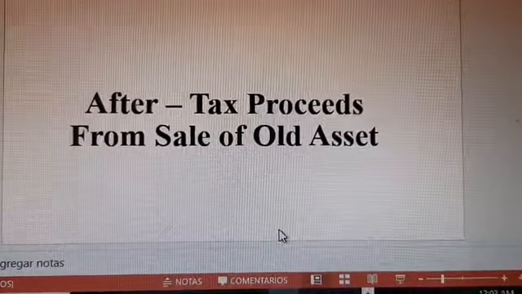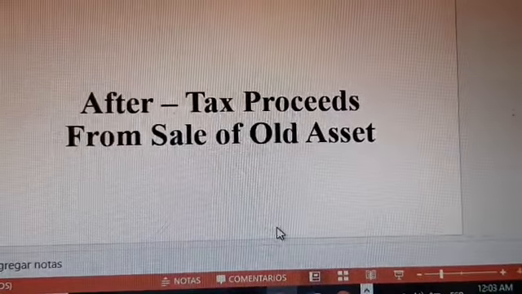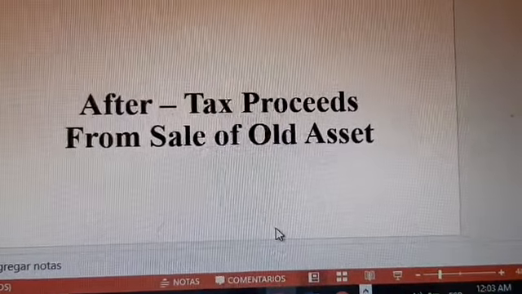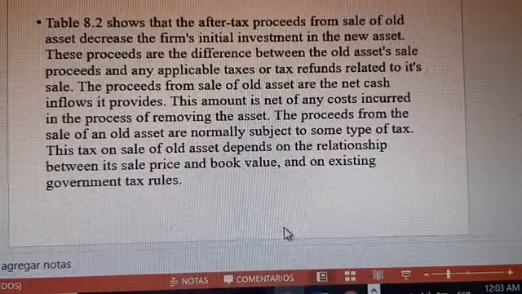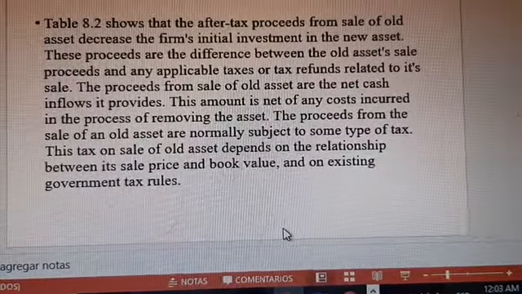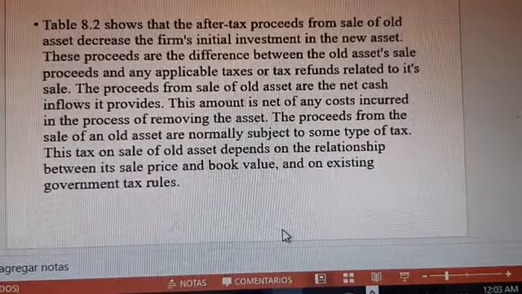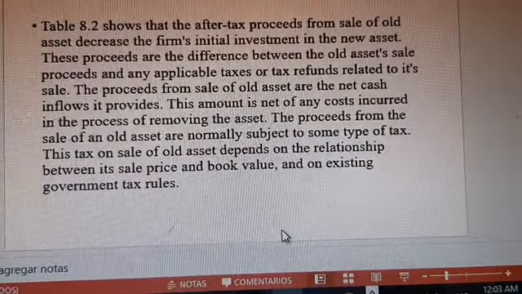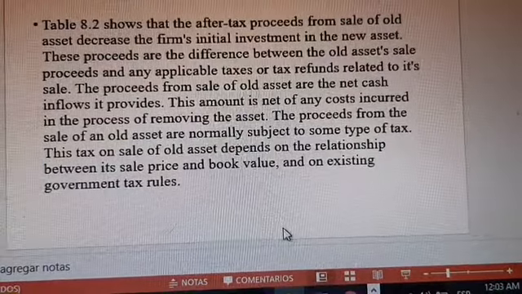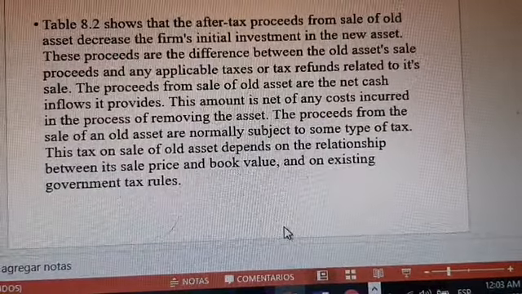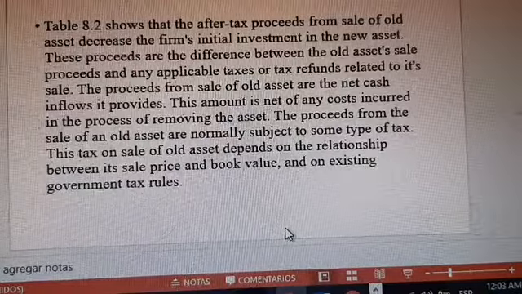Hello, my name is Nicole and today I will explain after-tax proceeds from sale of old assets. Table 8.2 shows that the after-tax proceeds from sale of old assets decrease the firm's initial investment in the new asset. These proceeds are the difference between the old asset's sale proceeds and any applicable taxes or tax rebates related to its sale.